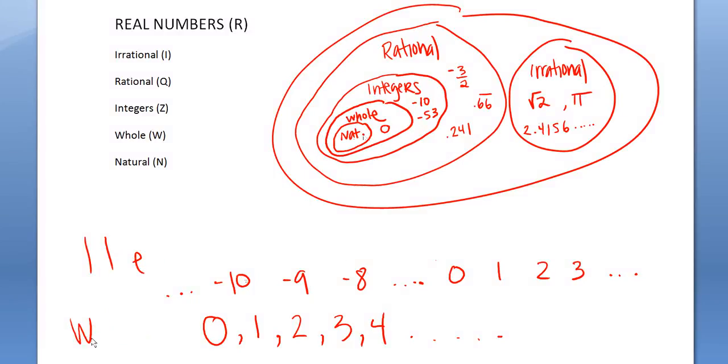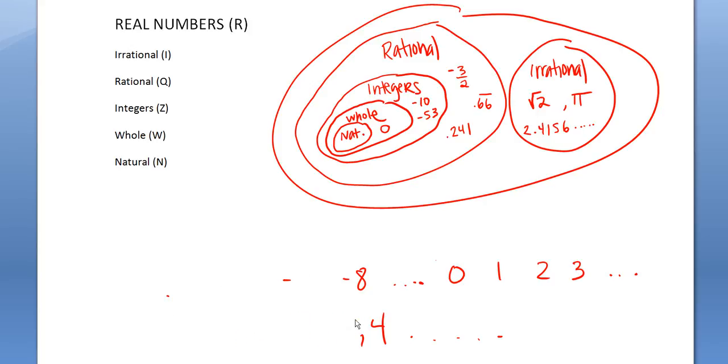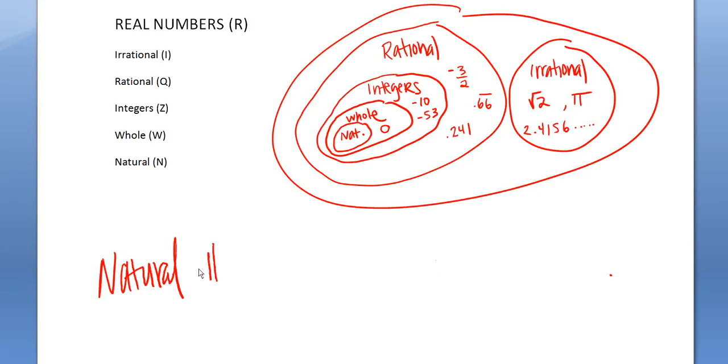And what you need to know about natural numbers is that there's just one further limitation on them. Natural numbers are just the counting numbers. 1, 2, 3, 4, dot, dot, dot. So we have in here 1, 5, 10, 15. We keep going on.